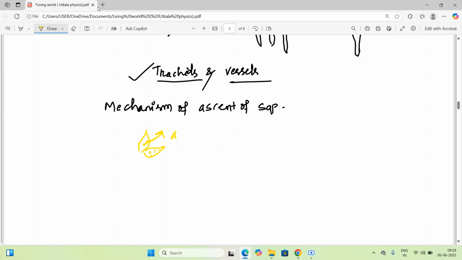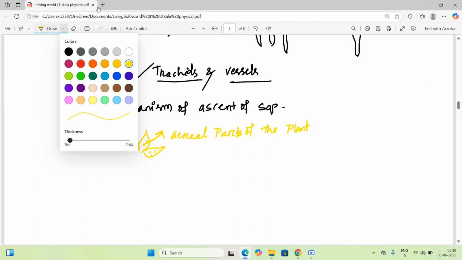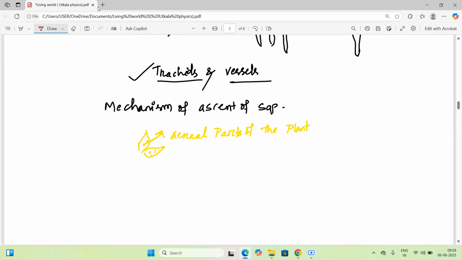Then the upward movement is from the soil to the xylem.